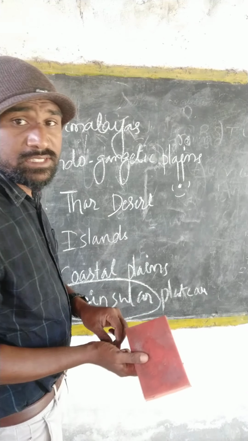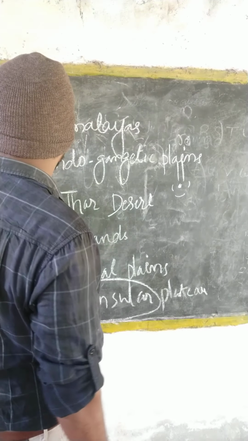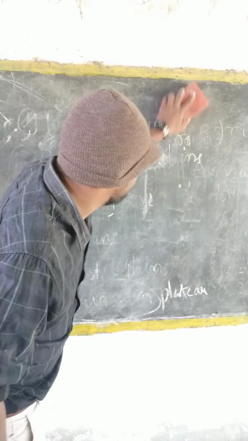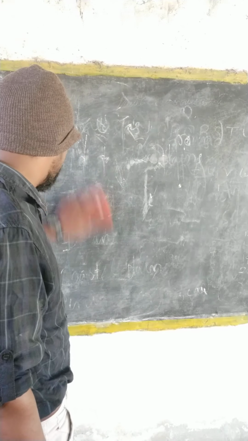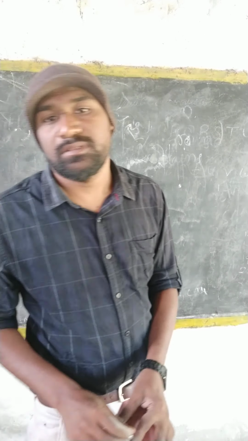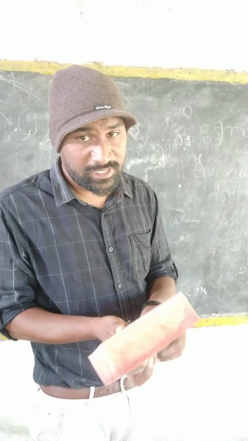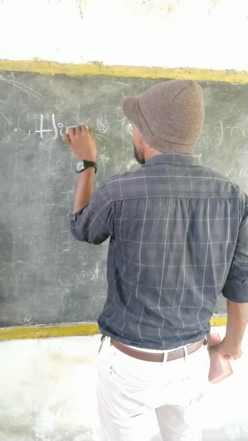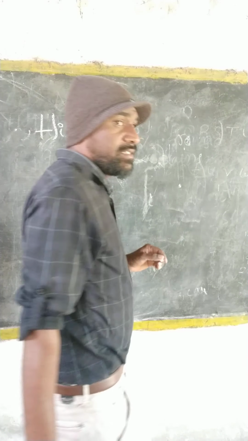So now let's discuss all these relief features one by one. Okay, my dear children, it is very easy to understand everything if we study one by one, so there is no confusion. My dear children, the first relief feature of India is the Himalayas.